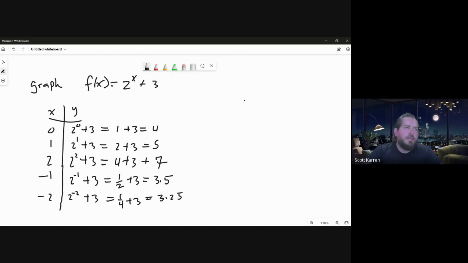And if I graph this out, someday I'll get a straight line. Not today. I've got some points. I've got 0, 4. So 1, 2, 3, 4. Let's say it's there. At 1, I'm at 5. At 2, I'm at 7.